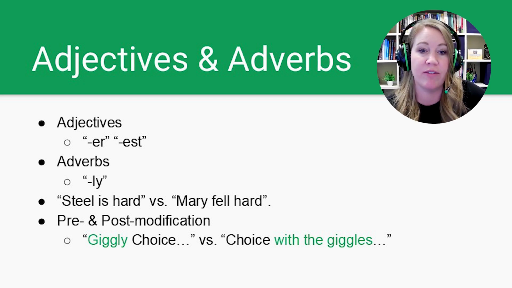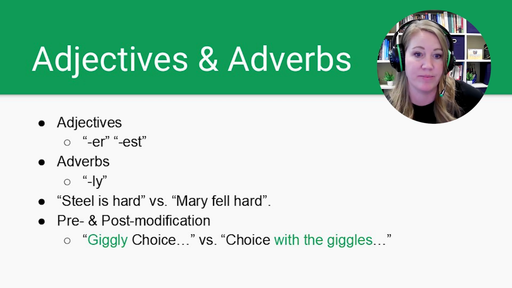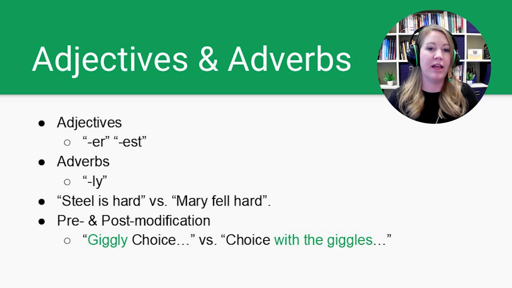Conversely, though, if the sentence were choice with the giggles, so that's our subject, right? The prepositional phrase with the giggles post modifies choice. And a common rule you're going to see here is that the lighter, smaller modifiers usually come before the noun, while heavier modifiers tend to follow it.